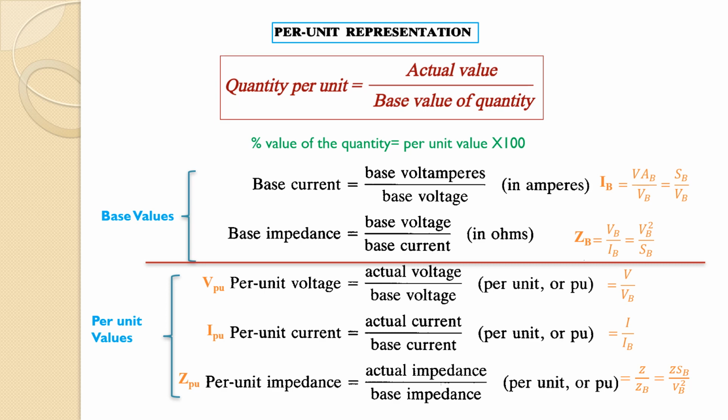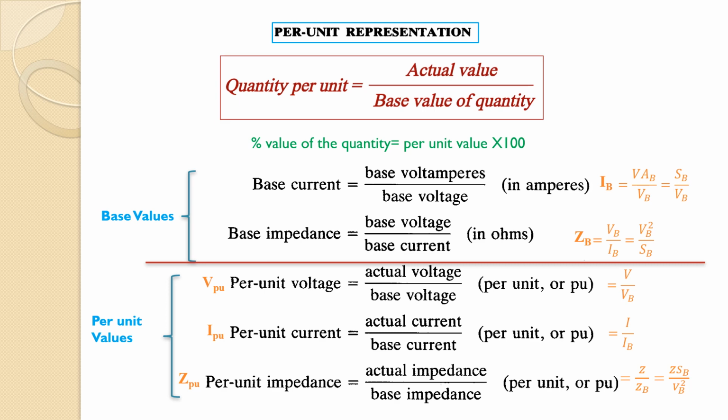So we have the base current, then we have the base impedance, which is given as the ratio of base voltage to base current. Once the base values are calculated, the per unit values can be determined: the per unit voltage, per unit current and per unit impedances can be calculated.